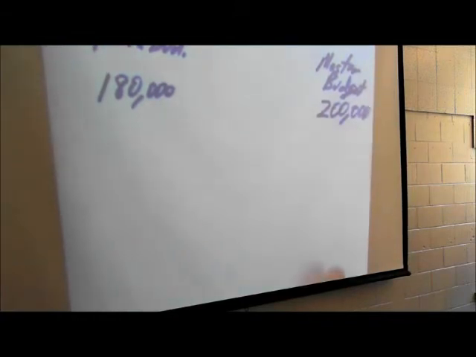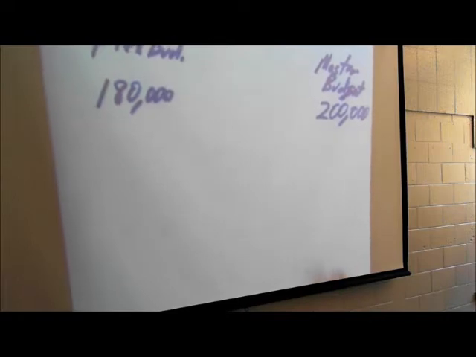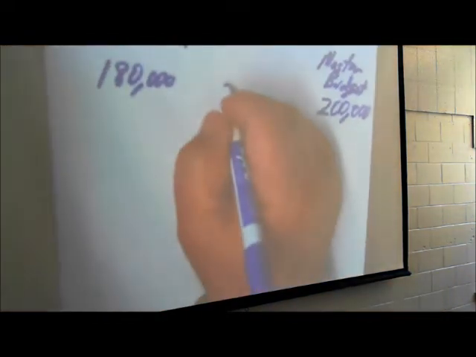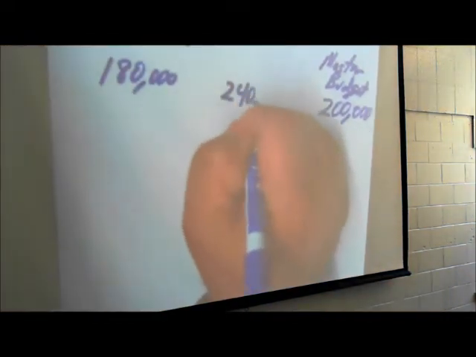Now we want to know what would be, if we take our budgeted market share times the actual industry volume, we should have had 20% of 300,000, right? And I do believe that's 60,000. And so 60,000 units times $4, 240,000.